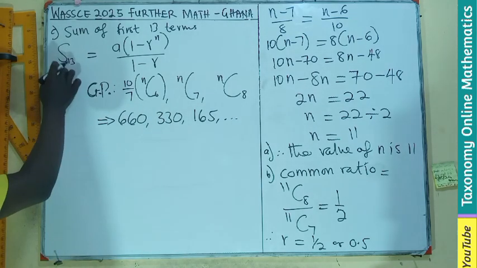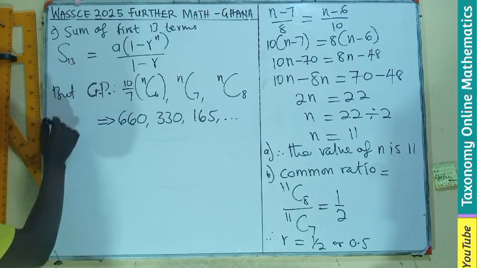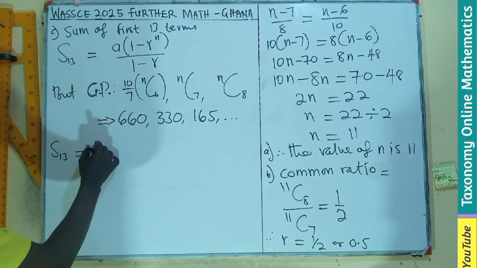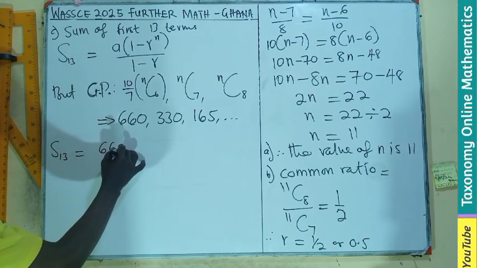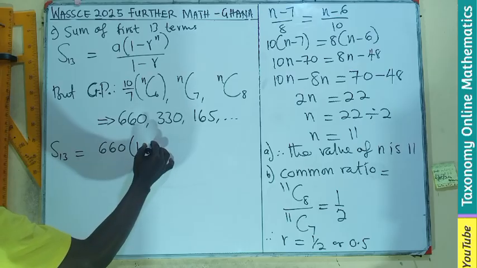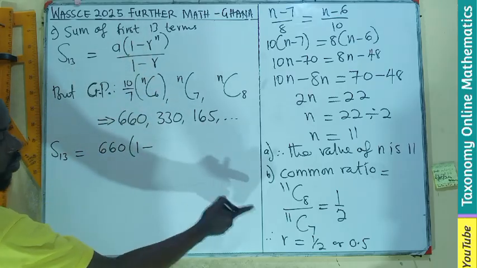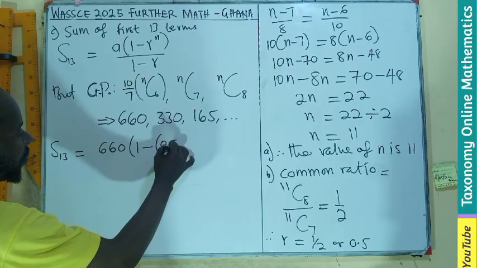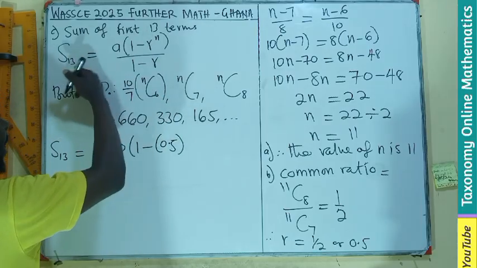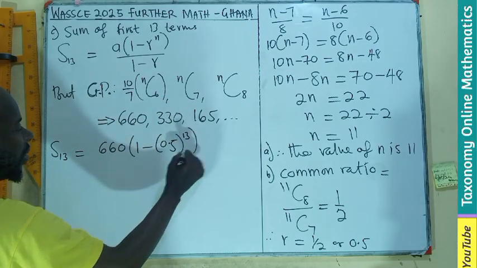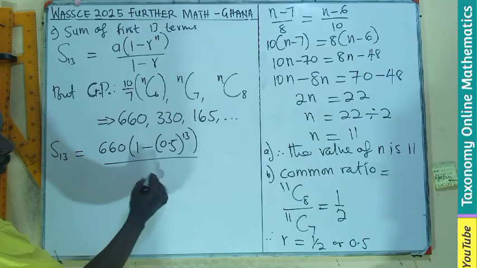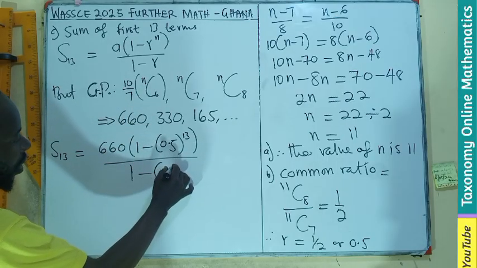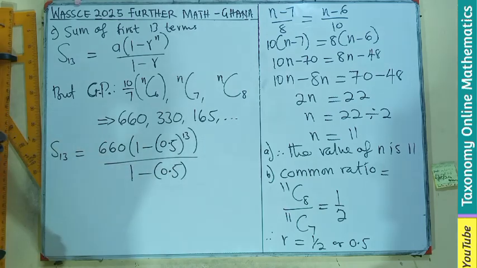That being out of the way, we can have our sum of 13 terms as the first term, 66 multiplying 1 minus the common ratio. We can use 0.5 if you like. 0.5 raised to the power n, which is now 13, divided by 1 minus the common ratio 0.5, which is still half.